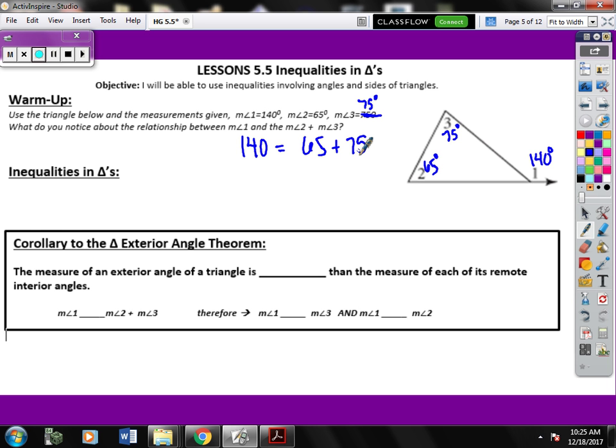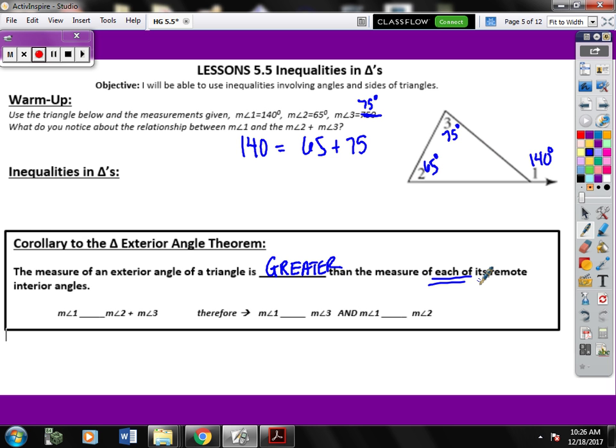We're going to learn a corollary, which is like an additional piece from that statement, something else we can include. The corollary says that the measure of an exterior angle is always going to be greater than the measure of each of its interior angles. So the exterior angle will be bigger than this one and bigger than that one.